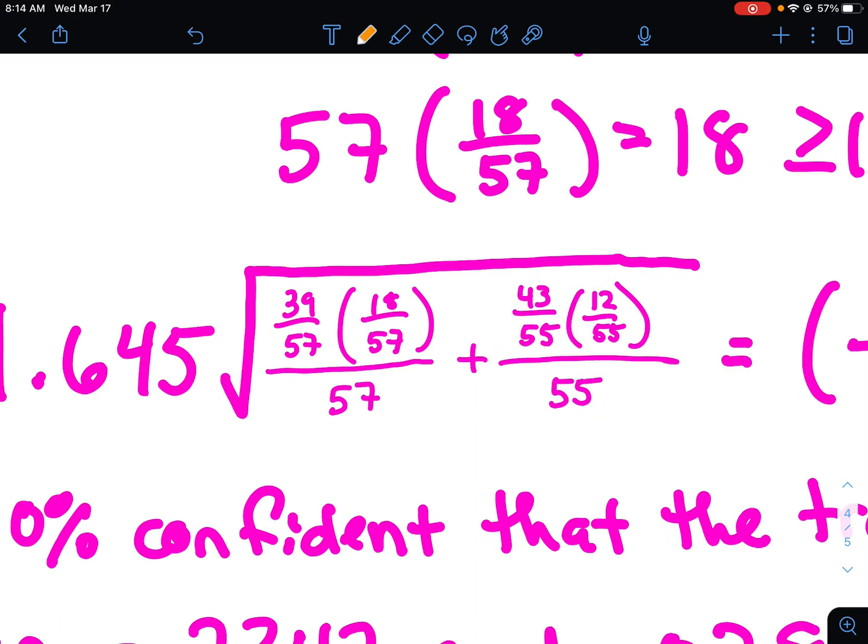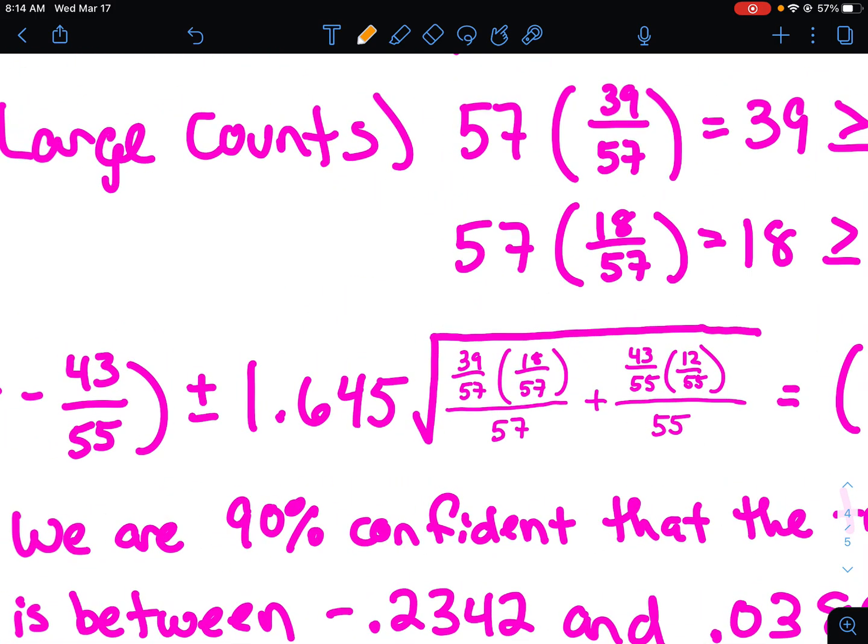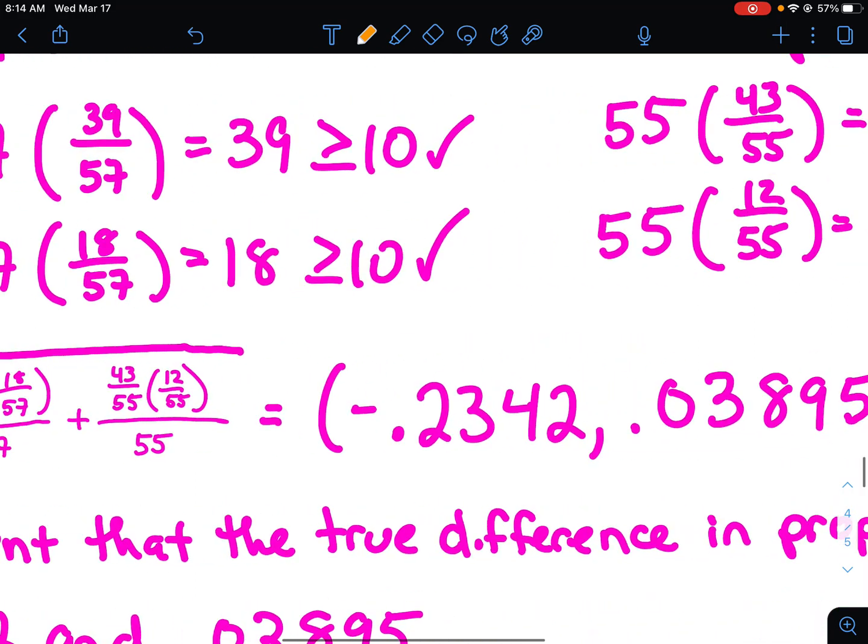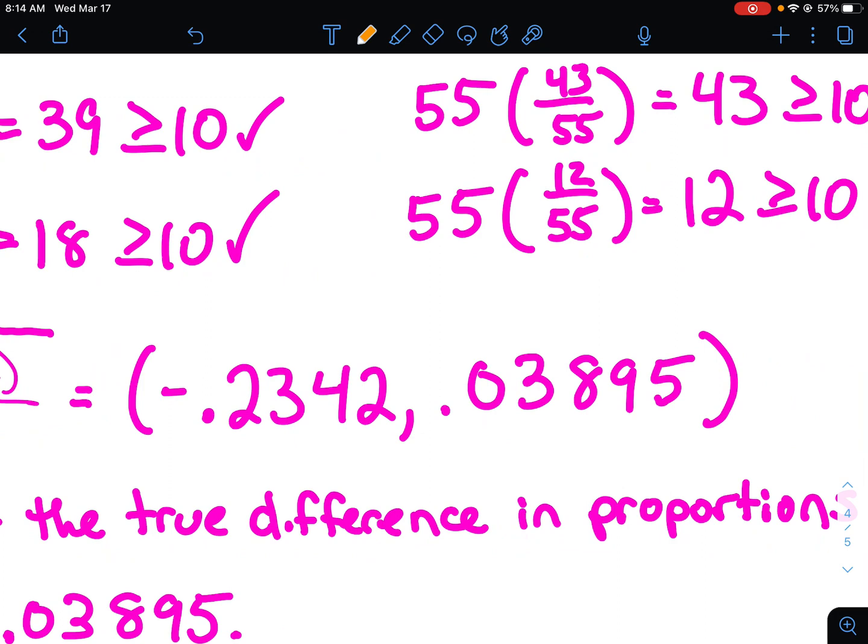Okay, and the nice thing is, as long as you just write them in, again, you're not going to have to punch this into your calculator, so it doesn't matter how complex it looks. Okay, as long as you write them in, let your calculator do the work, and what we end up getting is negative 0.2342 to positive 0.03895.